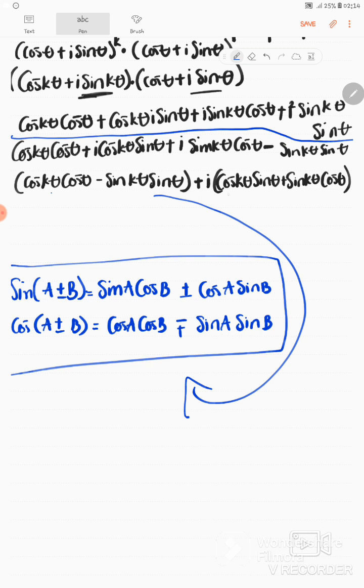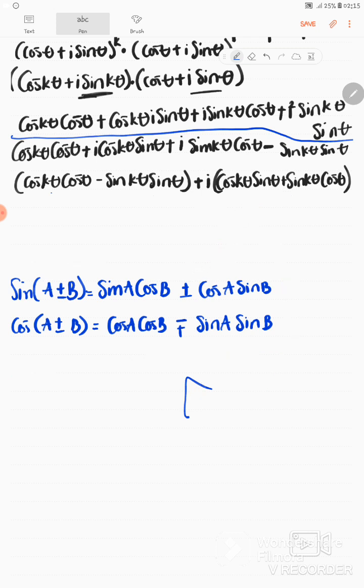We can see it's related. And when we have cos k theta sine theta plus sine k theta cos theta, we see it's related to this. Okay, now let's just jot this down. I'm going to erase it now.